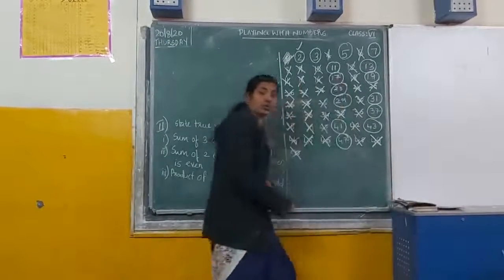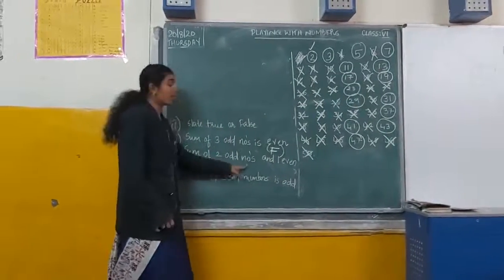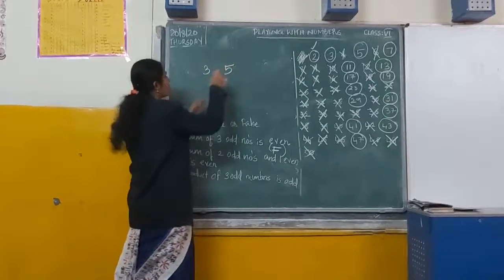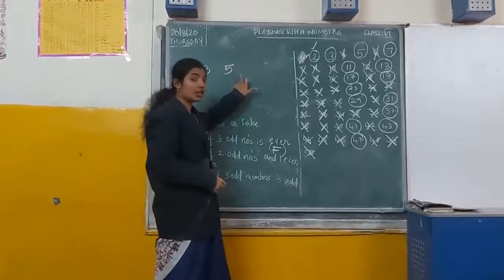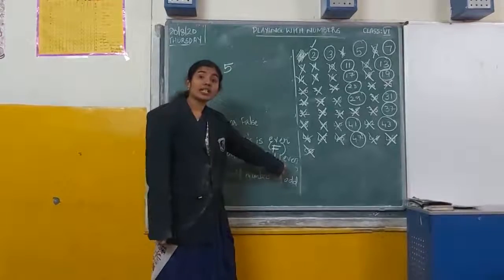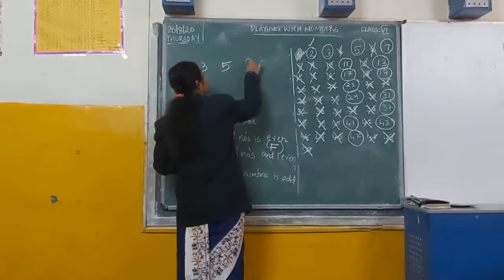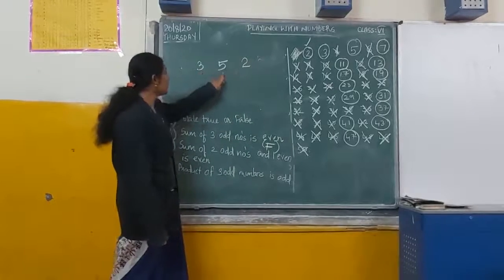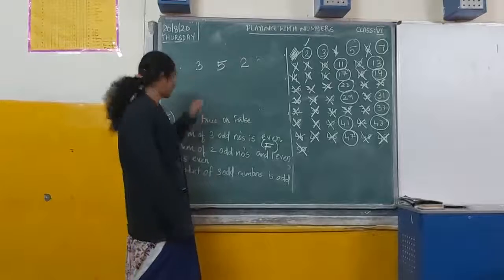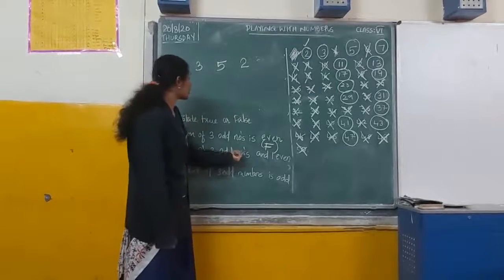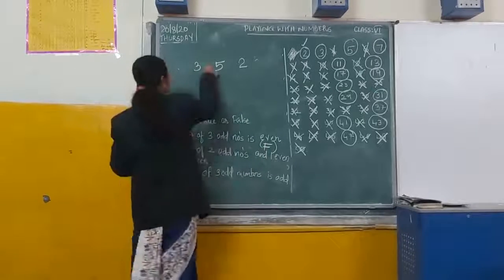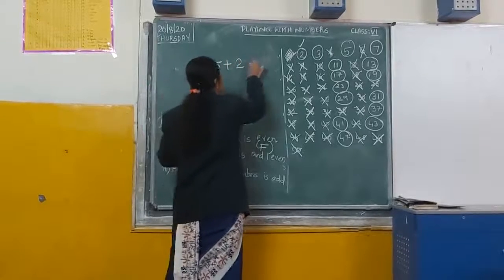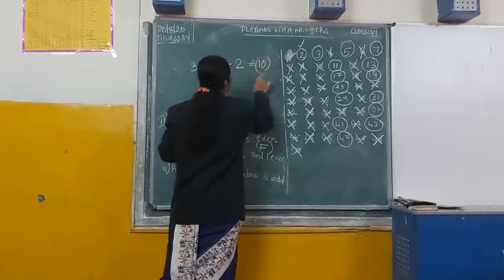First you take two odd numbers, so take 3 and 5. 3 and 5 are two odd numbers, and one even number, so 2 we can take. Sum of two odd numbers and one even number means you should add it. 3 plus 5, 8 plus 2, 10. The answer is even.